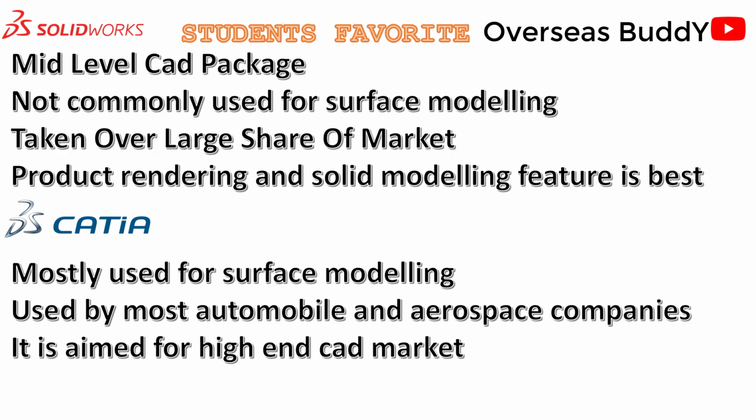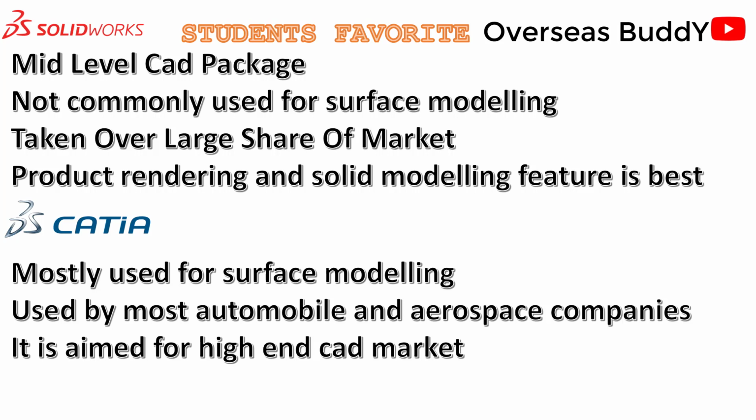CATIA stands for Computer-Aided Three-Dimensional Interactive Application. It is a multi-platform CAD/CAM/CAE commercial software suite that is developed by the French company Dassault Systems. CATIA enables the creation of 3D parts, from 3D sketches, sheet metal, composites, molded, forged or tooling parts up to the definition of mechanical assemblies.